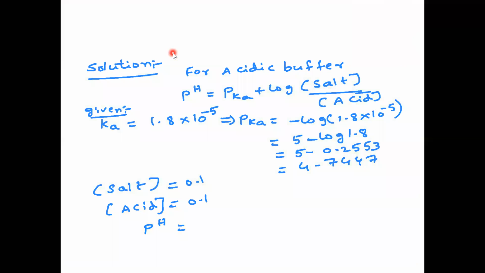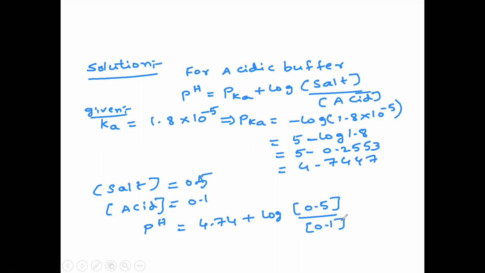So the concentration of salt is 0.5 and acid is 0.1. So pH is equal to 4.74, that is the pK value, plus log of concentration of salt, that is 0.5, by concentration of acid, that is 0.1.